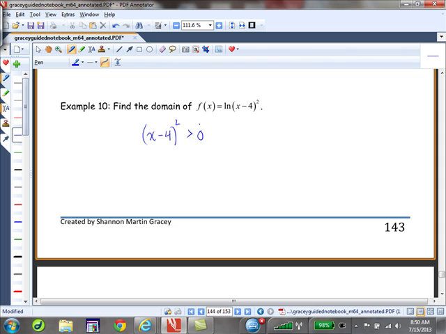Anything squared is going to be positive, so we just can't get something that'll yield a result of 0. Do you see that x cannot equal 4, because that is the value that would yield a result of 0? So in interval notation, that is negative infinity to 4 union 4 to infinity.